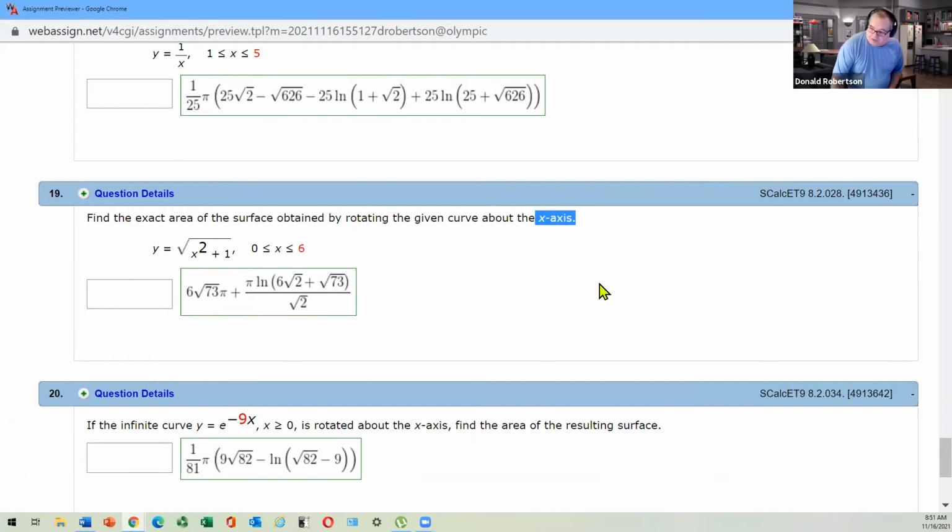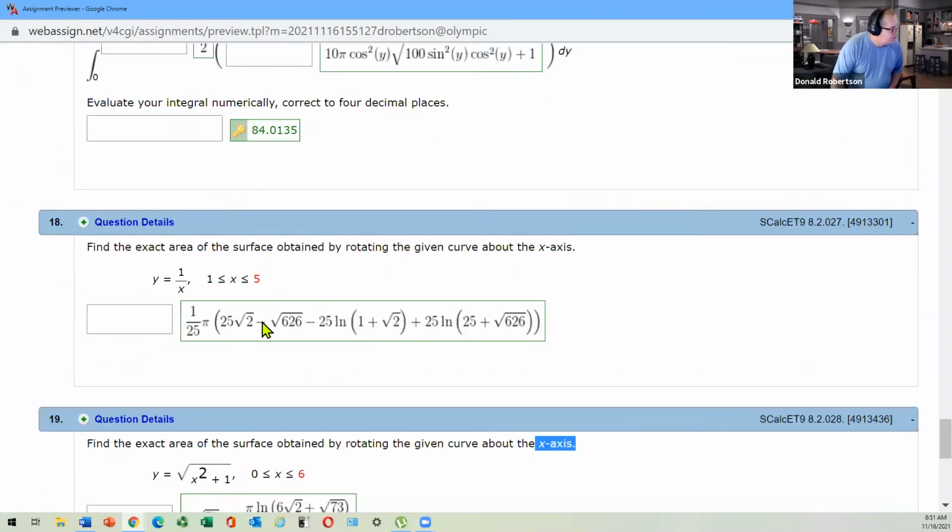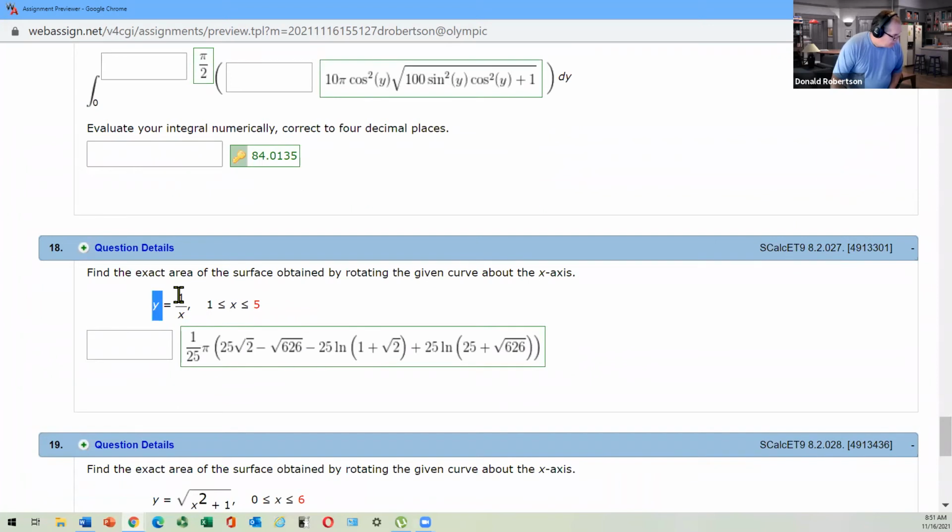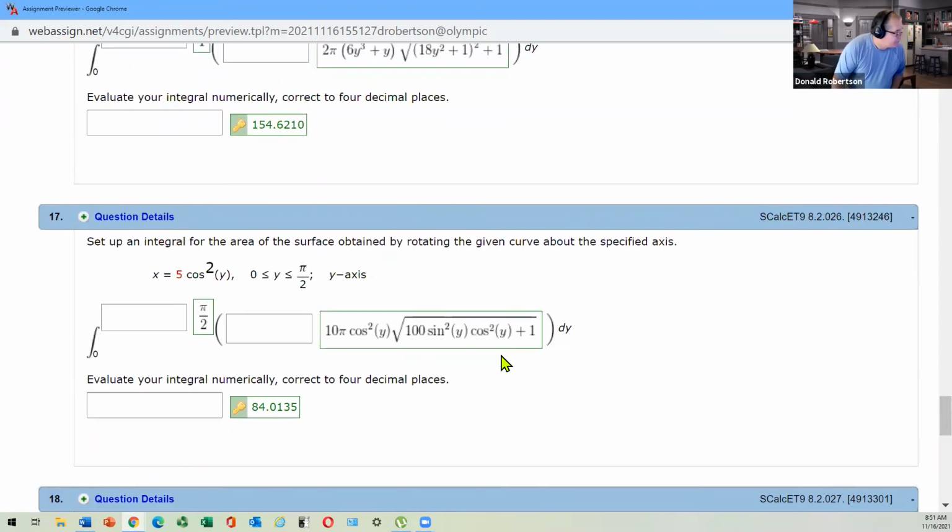That would be rotate about the x-axis, the top formula, right? The one with the x's in it. And this one here, God, look how ugly the answer is. Since you're rotating about the x-axis and everything is in x's, wouldn't that one be the top formula in rotating about the x's?